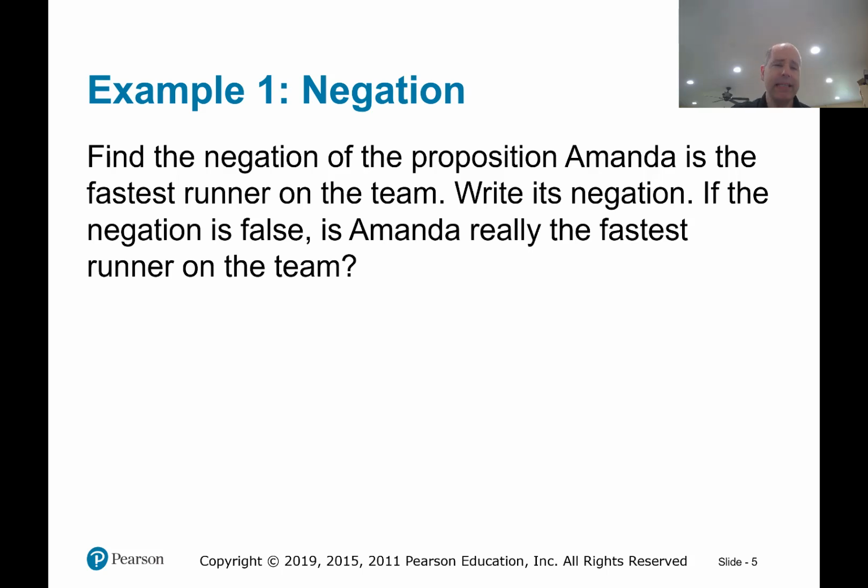So find the negation of the proposition, Amanda is the fastest runner on the team. There's a couple of ways we could say this in English, right? What's the opposite of that? If we say Amanda is the fastest runner on the team, then we could say Amanda is not the fastest runner on the team. Or we could say, it's not the case that Amanda is the fastest runner on the team. Or it's not true that Amanda is the fastest runner on their team.